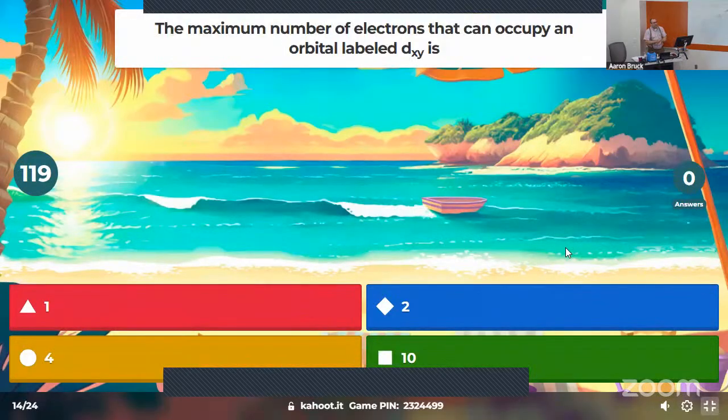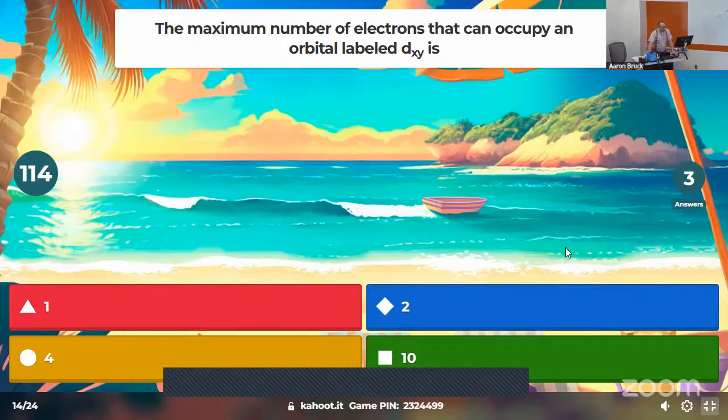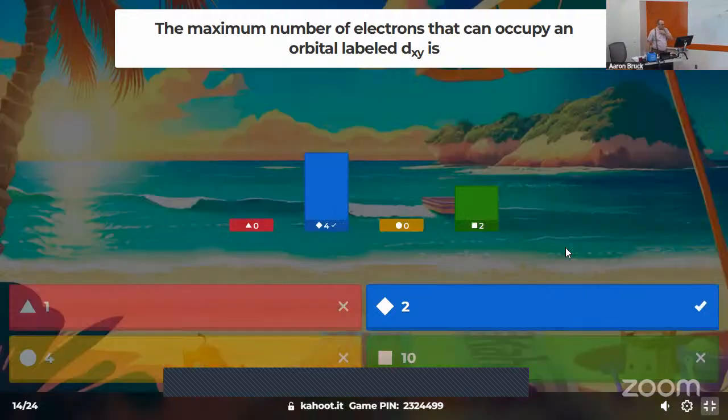How many electrons can occupy a dxy orbital? Okay, caught a couple of you.